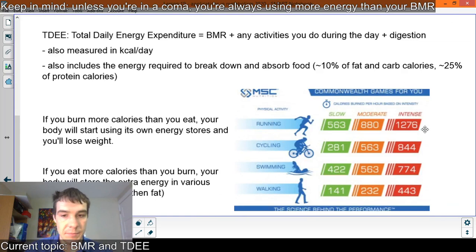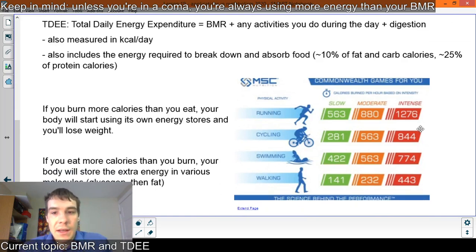And then this is, for example, the calories burned per hour of various activities during the day. If you run for a whole hour, you're going to burn about 563 calories. If you're cycling for an hour, slowly, 280 calories.